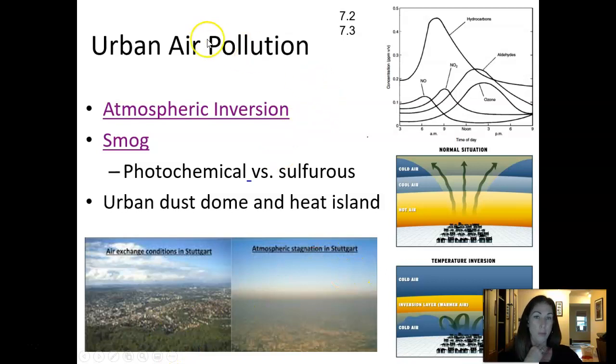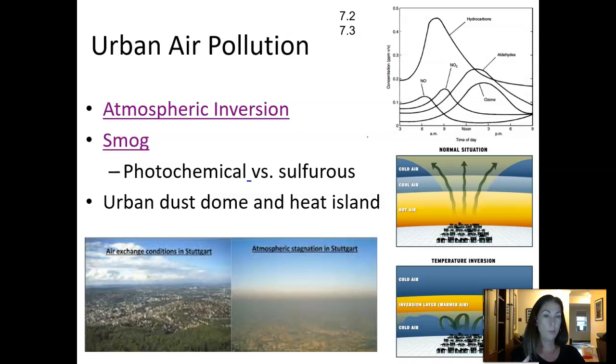Now, urban air pollution is going to have its own set of problems. We're actually going to come back to some of these in Unit 7, Part 2. But just to introduce our topic of urban air pollution, you might have in urban areas what we refer to as an urban dust dome or a heat island effect. Because we have so many constructions or so many industries and so many cars in urban areas, it tends to create a lot of air pollution.